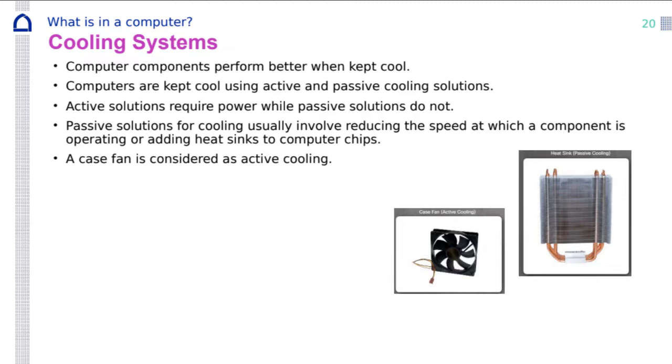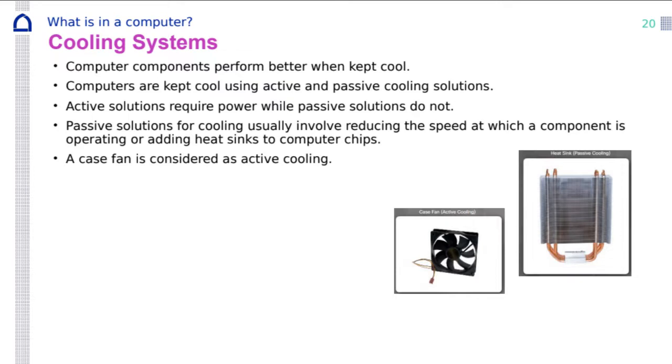Then you have also a cooling system. Why do we need a cooling system? Because computer components or semiconductors perform better when kept cool. We use active and passive cooling solutions. Active solutions require power. You need to connect something to it, like a fan. Passive solutions don't need power.